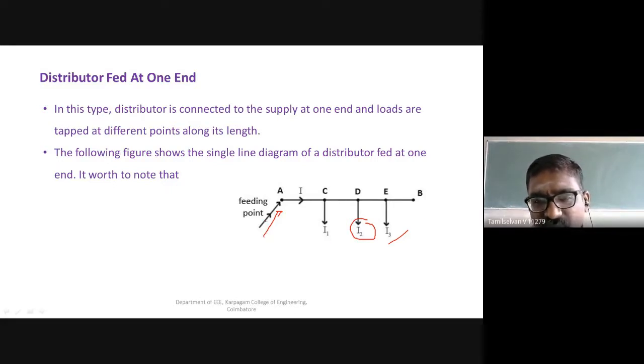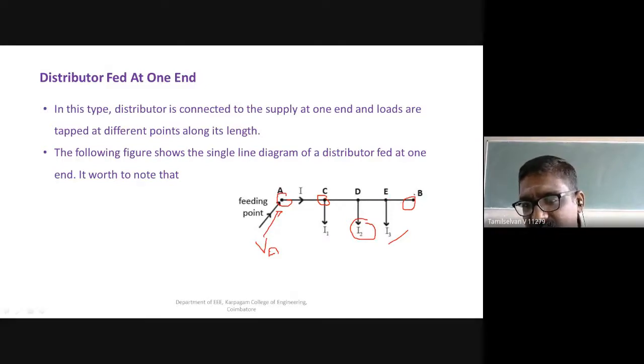Here we are going to apply Kirchhoff's current law. If you want to calculate the potential at point C, remember that when a distributor is fed at one point, the potential varies at each and every point. Since A is the feeding point, suppose the potential of this point is VA. The voltage may not be the same at point B, since the loads are tapped along the length of the distributor, so there will be a drop at different sections.